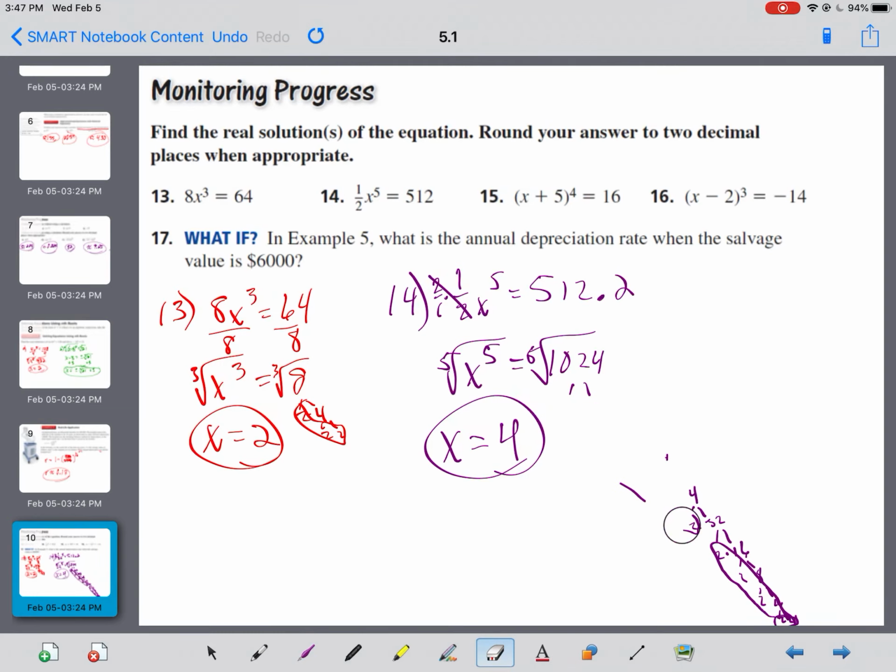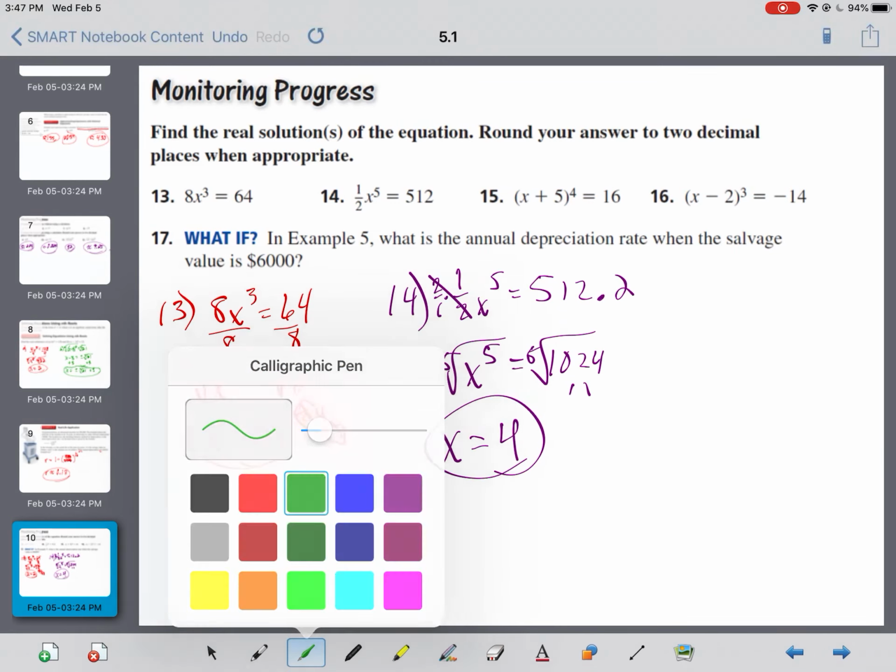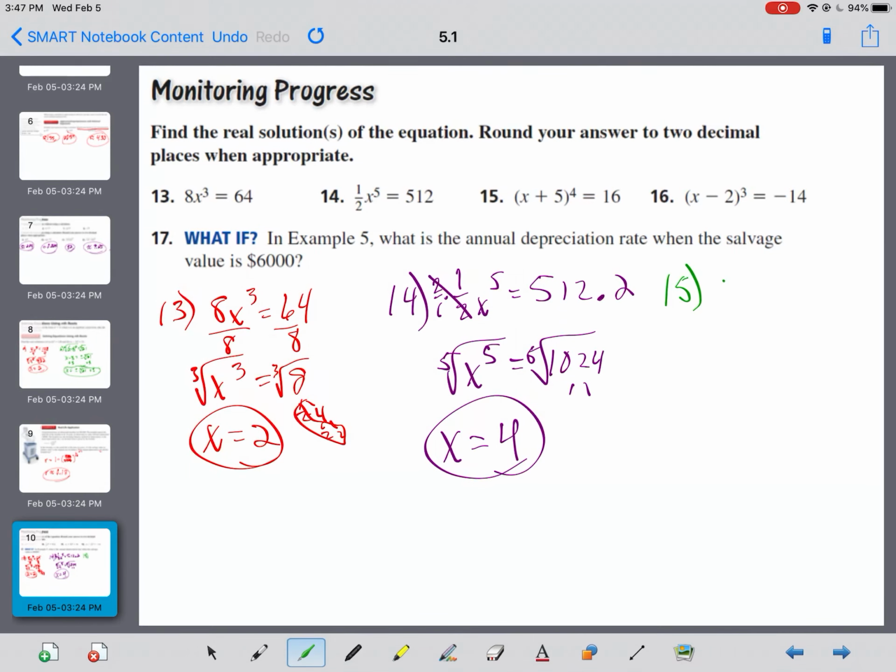Okay. Here we go. Green. Let's see. 15. X plus 5 to the 4th equals 16. Take the 4th root. X plus 5 equals plus or minus 2, since there's 4 2s.